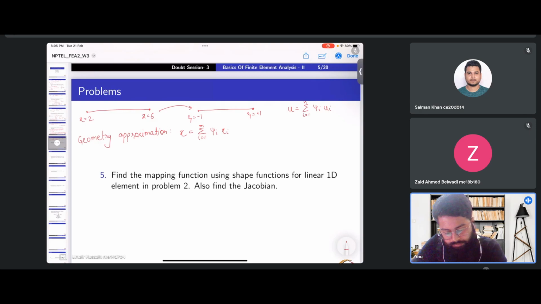Since we want a simple linear 1D mapping, for a linear element we have only two nodes. So we can write this as psi 1 x1 plus psi 2 x2.